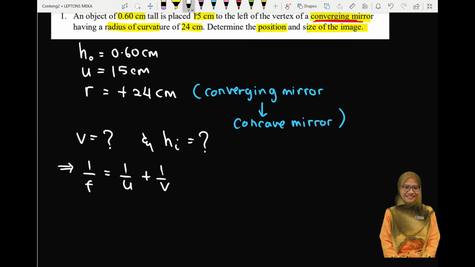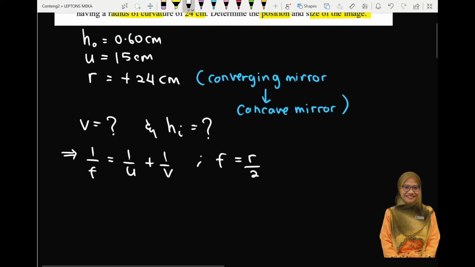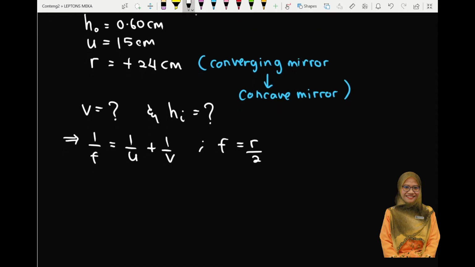But then we have the radius of curvature, and as we know, the focal length is radius of curvature over 2. So once you substitute into this equation, it becomes 2 over r equals 1 over u plus 1 over v.